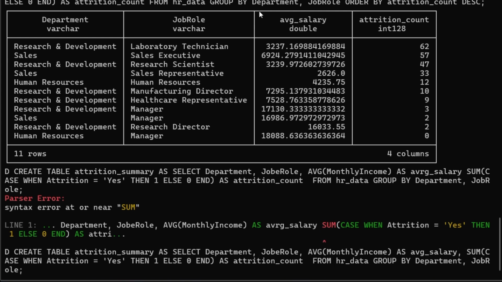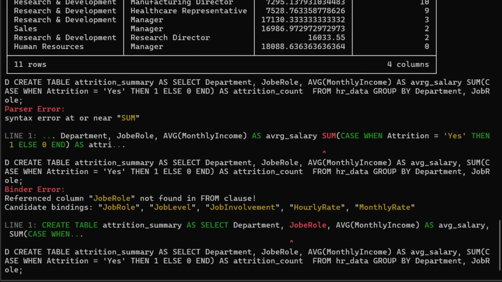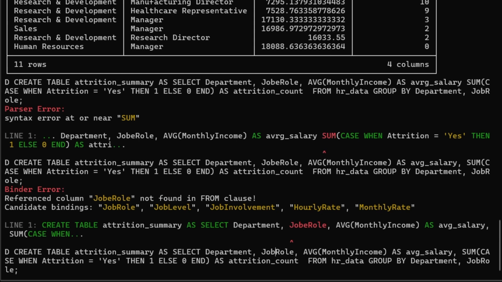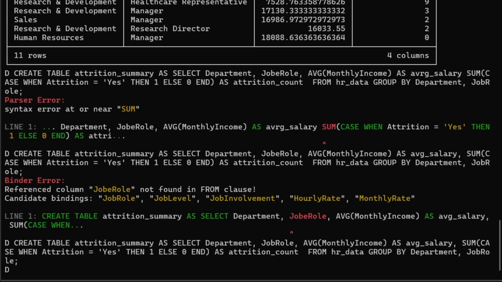So average salary and add a comma here also. And as you see here, we can understand by seeing this where the issue is, and we can find that. So I used the job role as a E with it. So let's just delete that too.